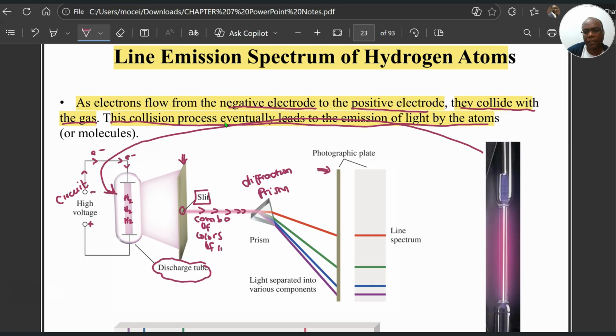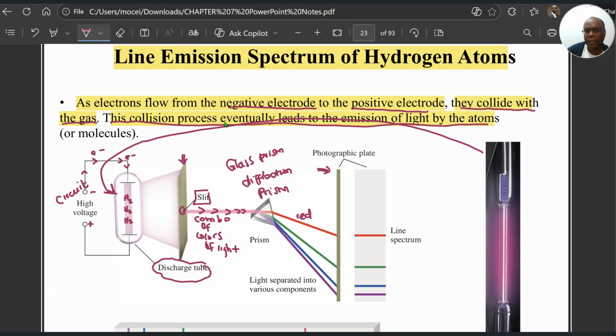In other words, the combination of colors of light is going to be filtered into individual colors by diffraction. You learn that in physics, where the glass prism splits a continuum of light, a combination of light, into colors.